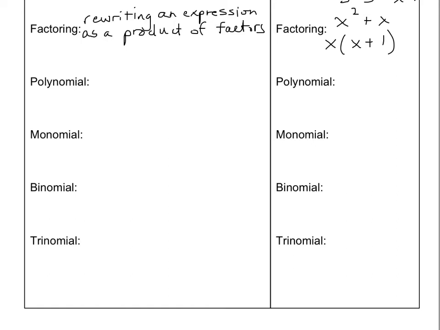Next couple words here as we look at these. Polynomial. Definition of a polynomial is a monomial or sum of monomials.